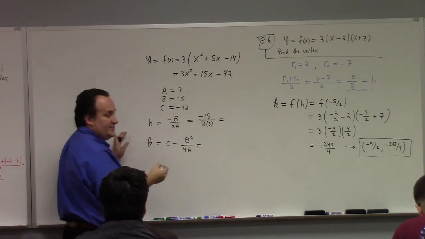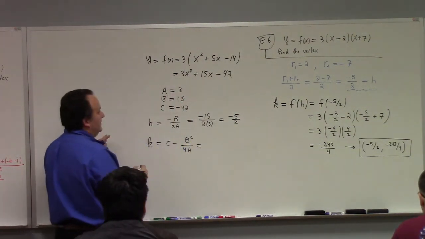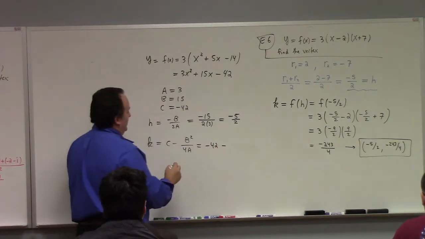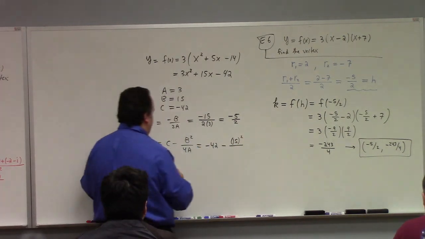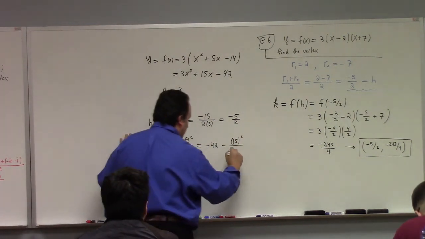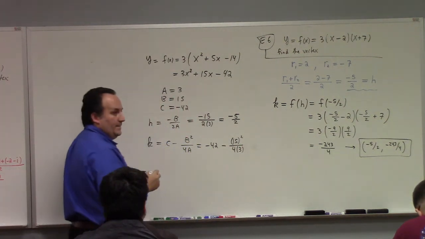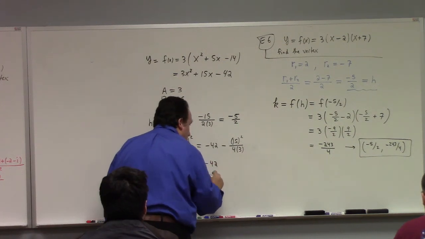Which is minus 5/2. And the c is minus 42, b squared, 15 squared, yeah? Divided by 4 times 3. And so however that works out, you got minus 42.